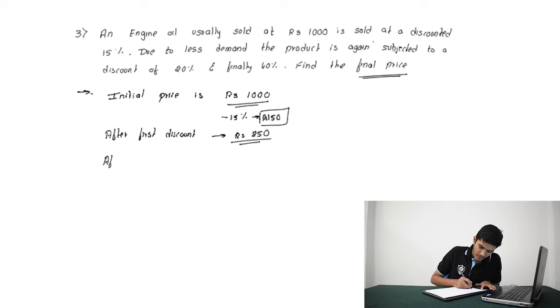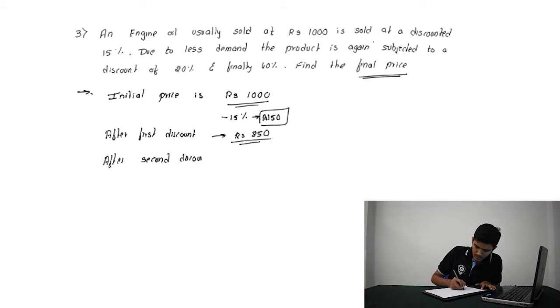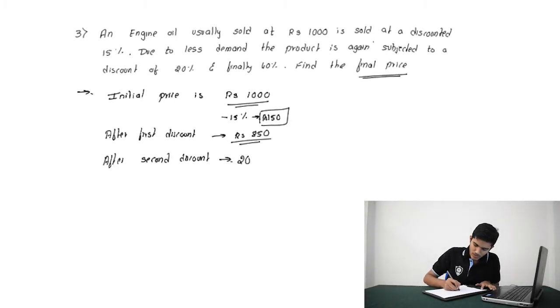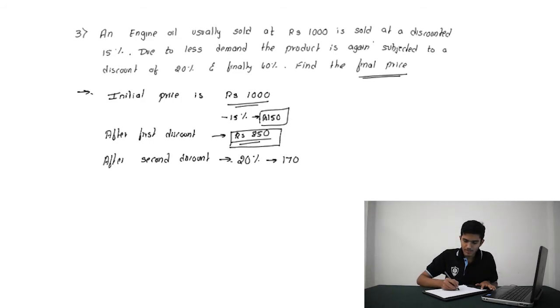So after second discount, it's given as 20%. So here you have to be very careful. It says 20% of 850. 20% of 850 is going to be 170. You have to be very careful. It's 20% of 850 and not 20% of 1000. So be very careful with this.